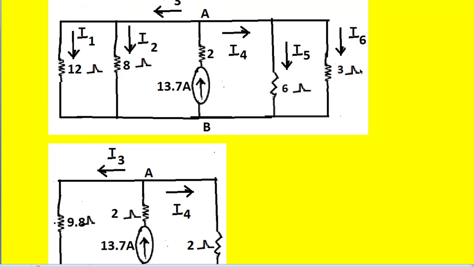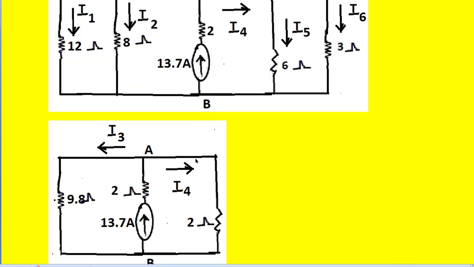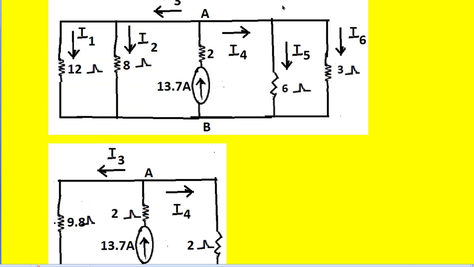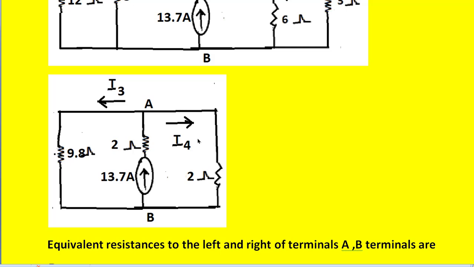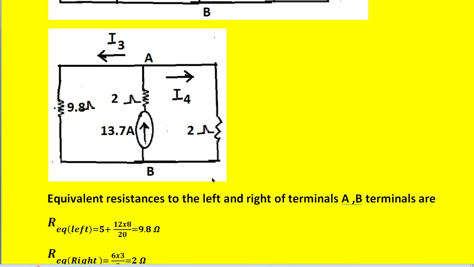Then 6 and 3 are in parallel and the resultant resistance will become 2 ohms. So in that case, we get the resultant circuit like this. This is 9.8 ohms and this is 2 ohms, and the current flowing from this source is I3 here, this is I4 here.